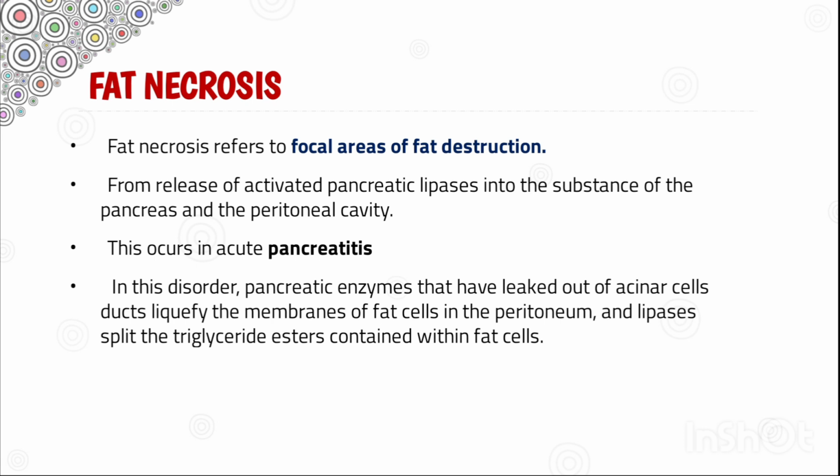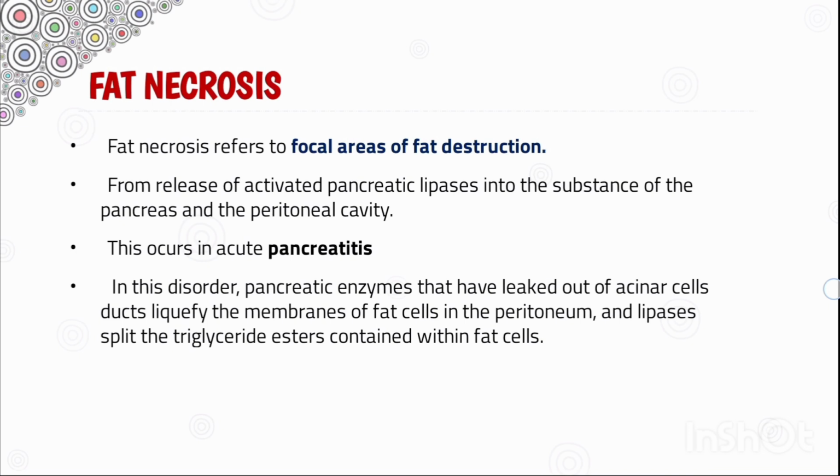Starting with fat necrosis. Fat necrosis refers to focal areas of fat destruction. I'm giving the example of pancreatitis. What happens is, during pancreatitis, there is release of activated pancreatic lipases into the substance of the pancreas and the peritoneal cavity.